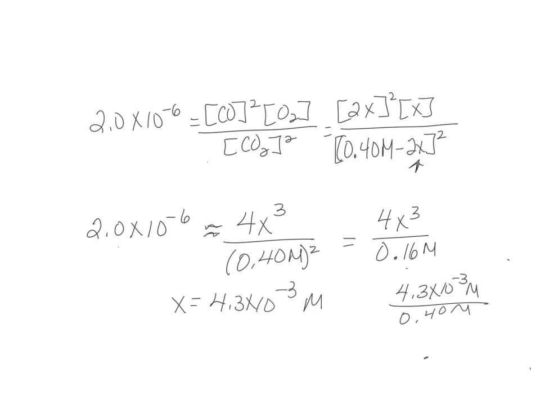Actually, because we had the coefficient of 2 in front, you have to do 2 times that concentration all over 0.40, the whole thing times 100, and you're going to get 2.2%, which is within the assumption. So that works for our 5% rule.